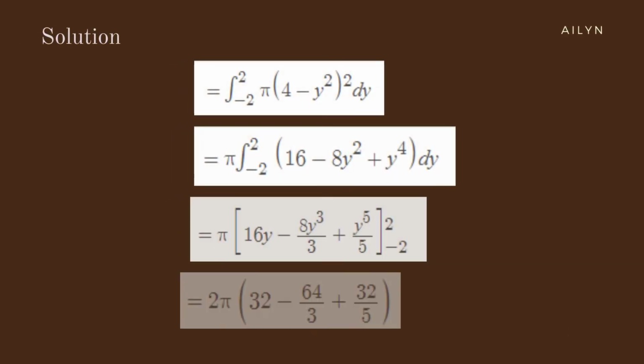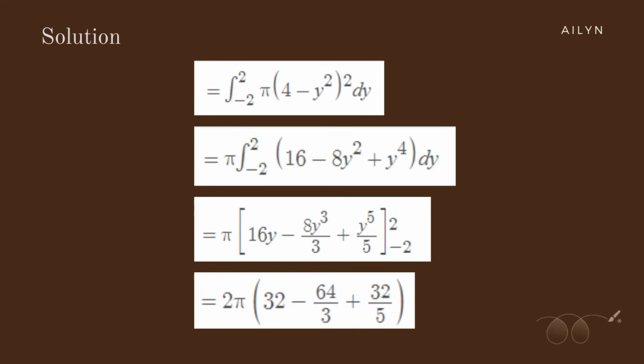So now, let's integrate using the power rule of integration. We have pi times 16y minus 8y cubed over 3 plus y to the 5th over 5 from negative 2 to positive 2.